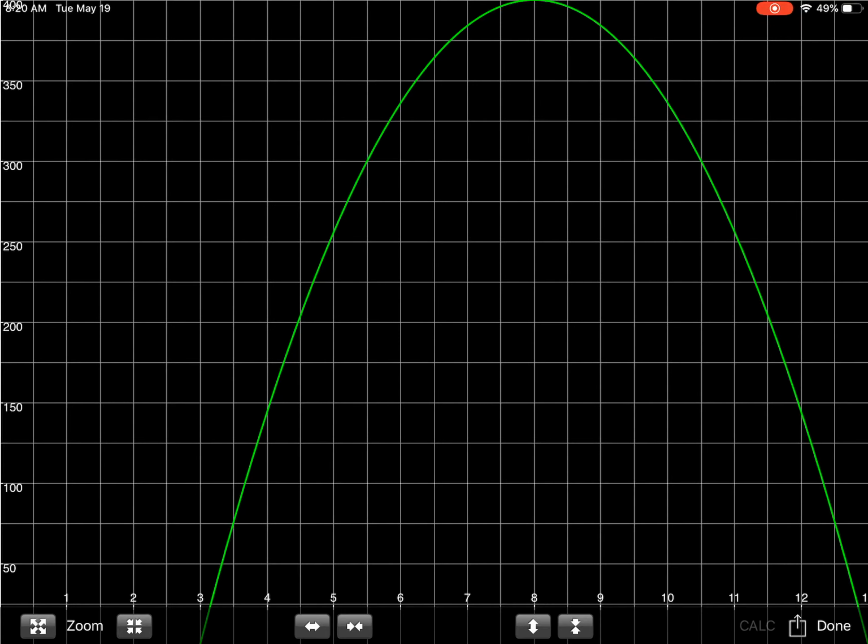Beautiful. Because I know my fireworks go from 3 to 13, which is what I can clearly see horizontally. And how high it goes, from 0 to 400, I can see clearly on the graph too. Okay, and that's how you set your table, and that's how you set your window.